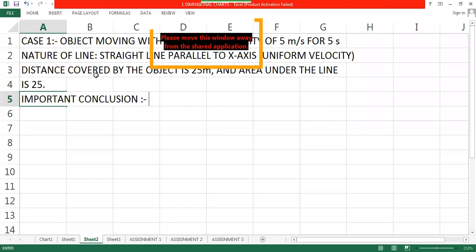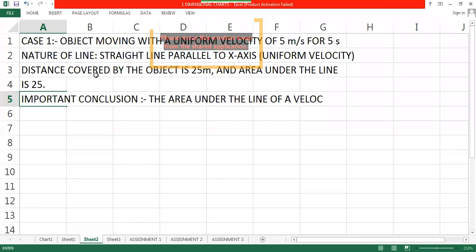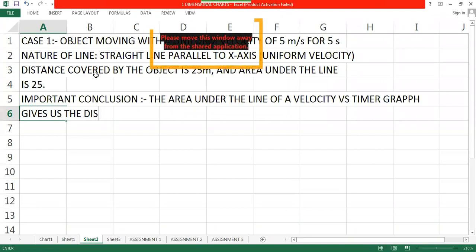We conclude that the area under the line of a velocity versus time graph gives us the distance, or you can also say it gives us the displacement of the object because it's motion in one dimension.